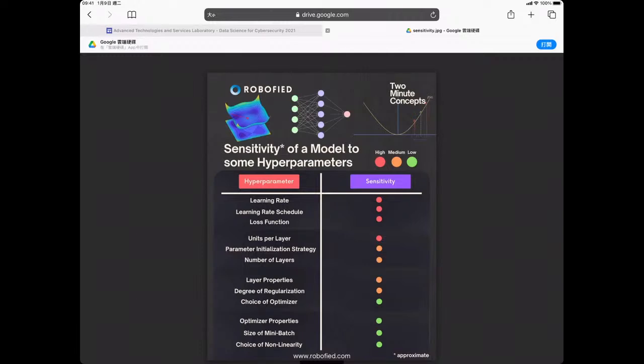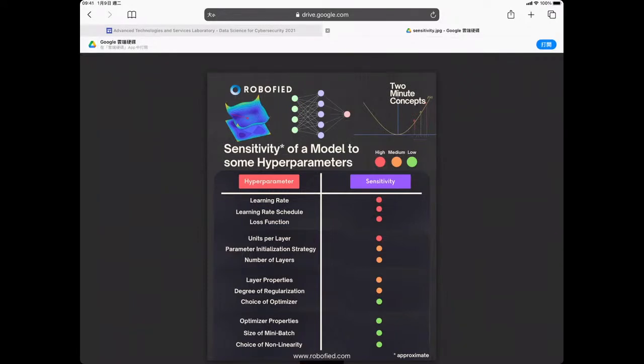The next part is the layer properties, the degree of regularization, and choosing the parameters. Layer properties means using different kinds of layers, such as convolution, dense, or max pooling. There are a lot of different layers provided by Keras, but we only mention some basic ones.